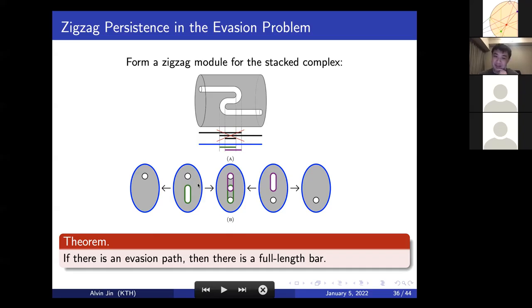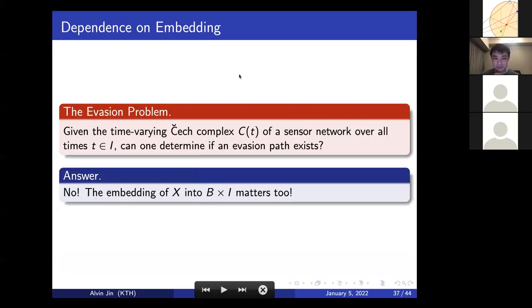But it's not that easy. So the answer to the evasion path problem, or the cops and robbers problem, is that no, you cannot determine if an evasion path exists given this topological information.